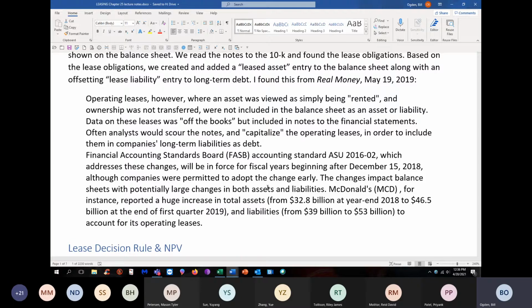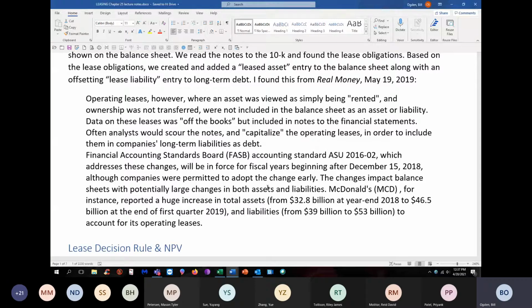Now take those with large operating leases. McDonald's, for instance, reported a huge increase in total assets from 32.8 billion at the end of year 2018 to 46.5 billion at the end of the first quarter 2019, and liabilities from 39 billion to 53 billion to account for the operating leases.